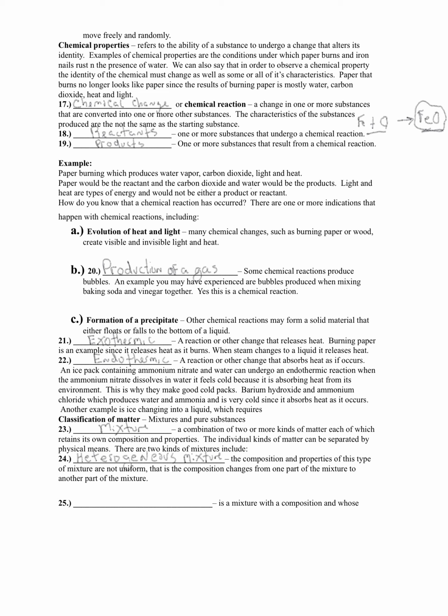That's an example of a chemical reaction. There's a gas, carbon dioxide, produced as a byproduct of the reaction between baking soda and vinegar. So some reactions produce bubbles. Not everybody realizes that's a chemical reaction.